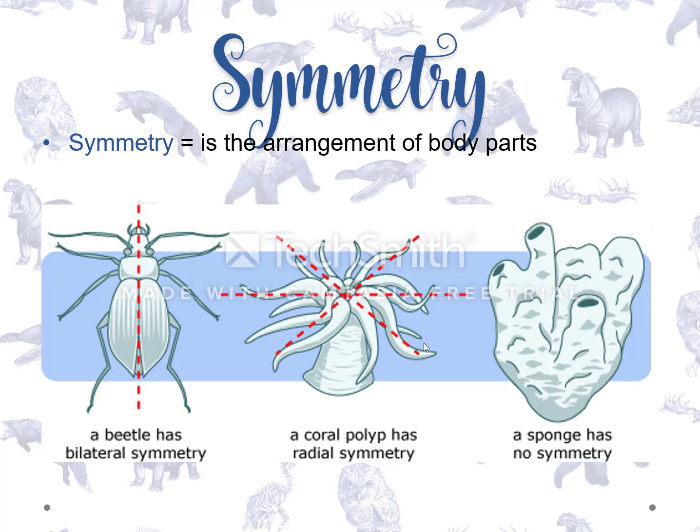Okay, the next type of symmetry is called radial symmetry, and when you think of radial symmetry, think of a whole pizza. I hope I'm making you really hungry.